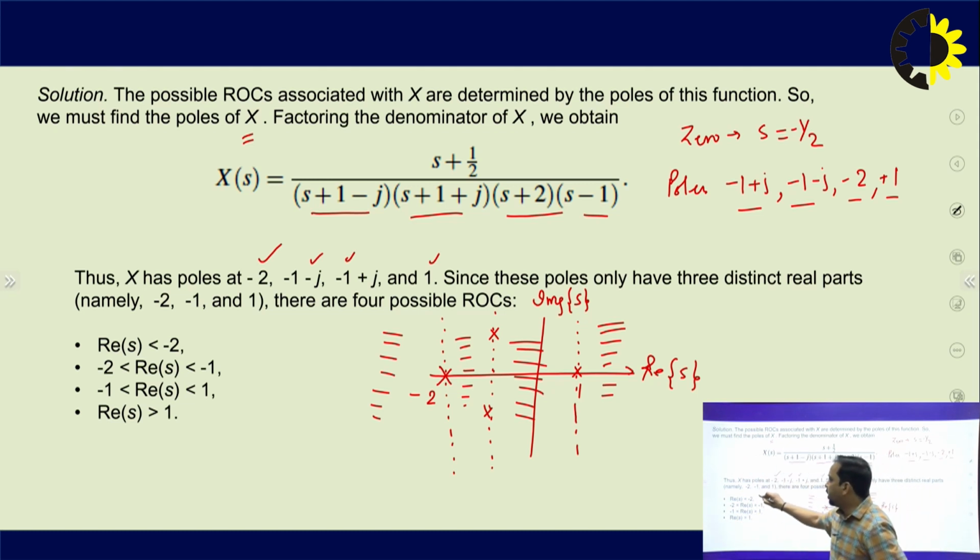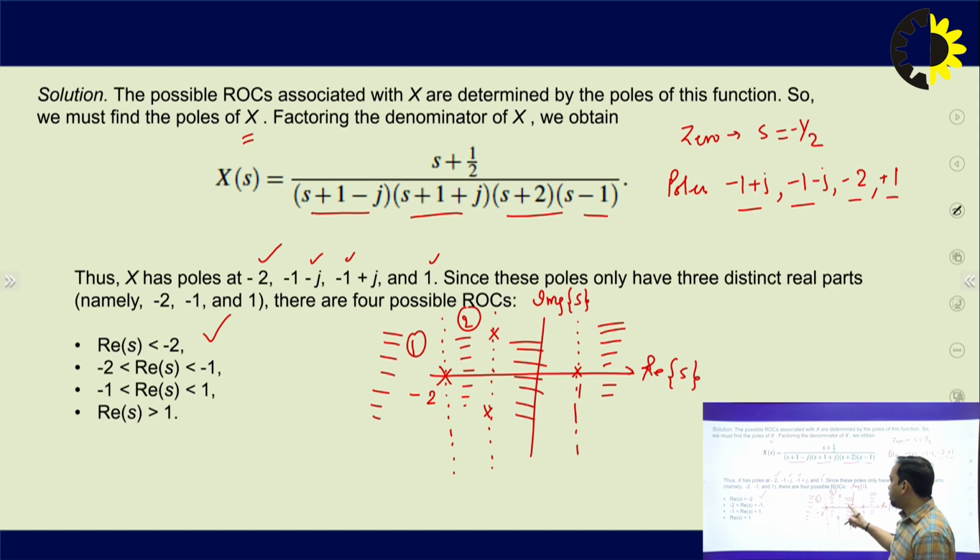First is real part of S less than -2. Second is real part of S greater than -2 and less than -1. Third case is when real part of S is between -1 and +1.